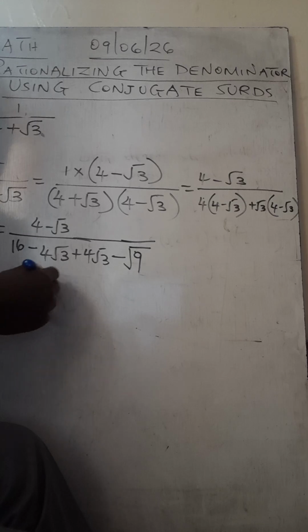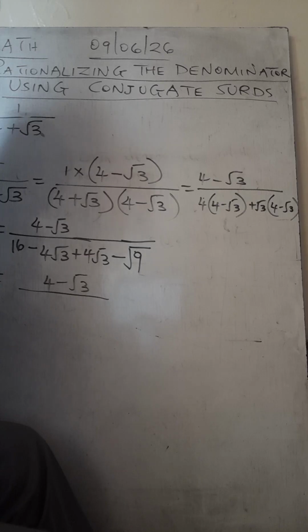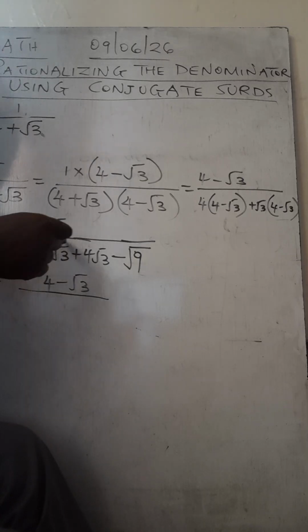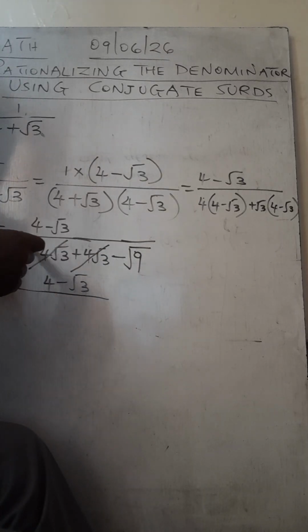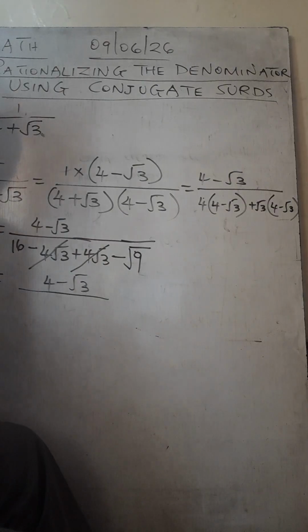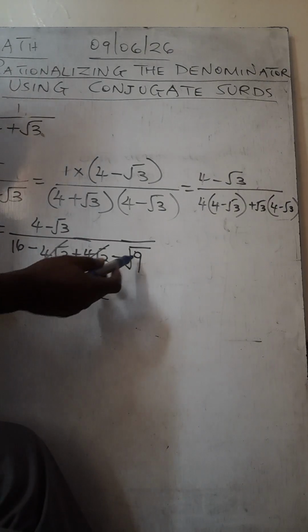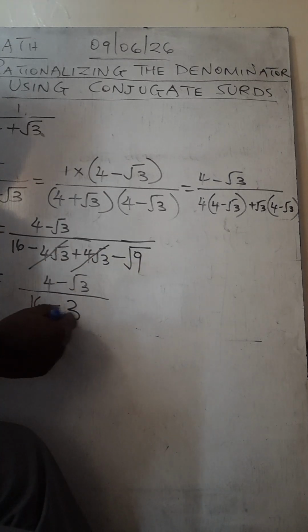Now you have 4 minus root 3 over 16 minus this plus this minus that. So look at this and this, they are the same but opposite signs, so you eliminate them. So you have 16 minus square root of 9, which is 3.